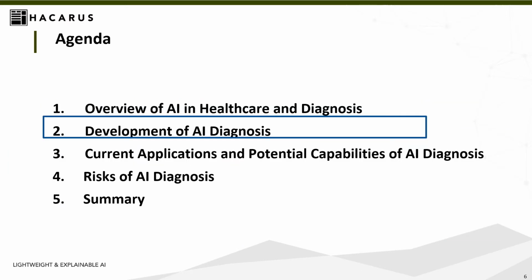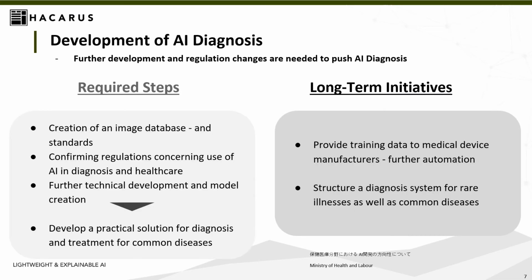So now that we have established the significance of AI diagnosis, how is its development looking? The development of AI diagnosis is said to be in early days. Further development and regulation changes are needed to push AI diagnosis to the next level. Here in this slide are a number of required steps that the Japanese Ministry of Health and Labour have identified.